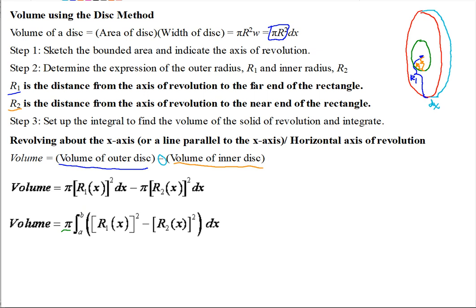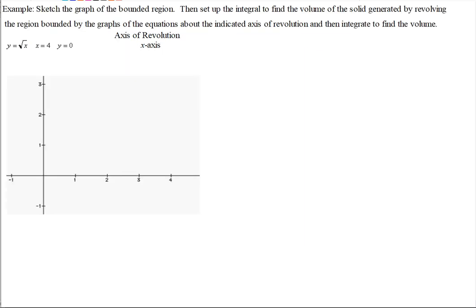So let's see how this works on a without calculator problem. So let's sketch the graph. You can either set equations equal to each other to see where they intersect, or in this case, you can just plot some points. So let's graph each of these here. So x equals 4.